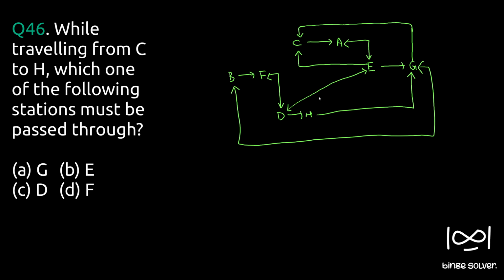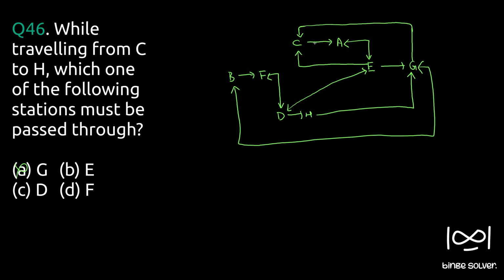So the question asks, while traveling from C to H, which one of the following station must be passed through? We'll see. Do we have to pass through G? We don't have to. So we can go from C to A, and then to E, and then to D, and then to H. So G need not be passed through. That is a wrong option. Do we have to pass E?